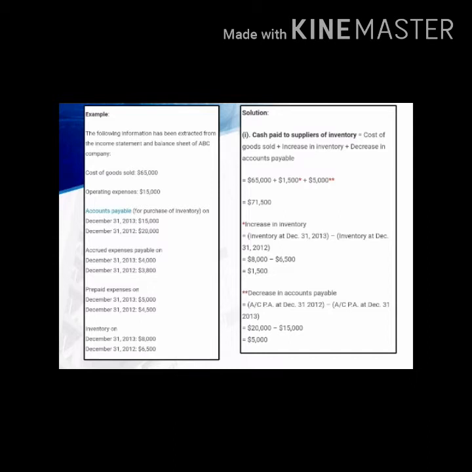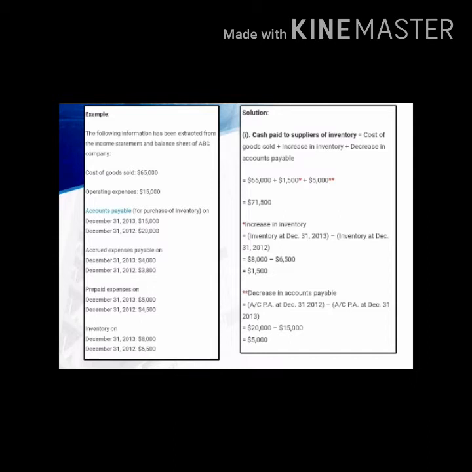So the ending period, which is December 31, 2013, is equal to $15,000, and December 31, 2012, which is the beginning period, $20,000.